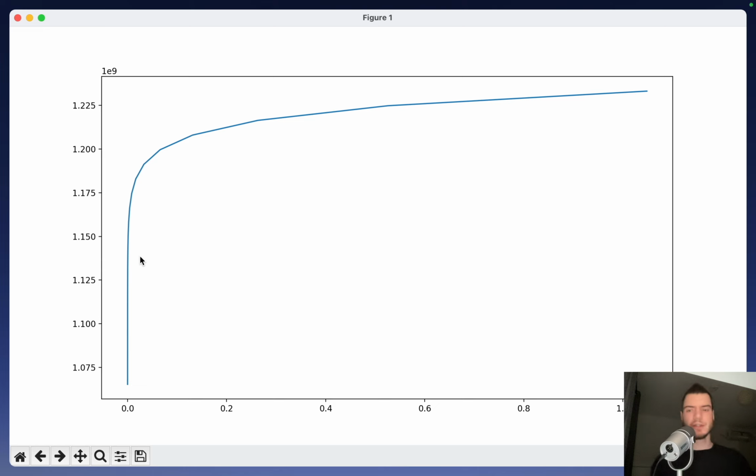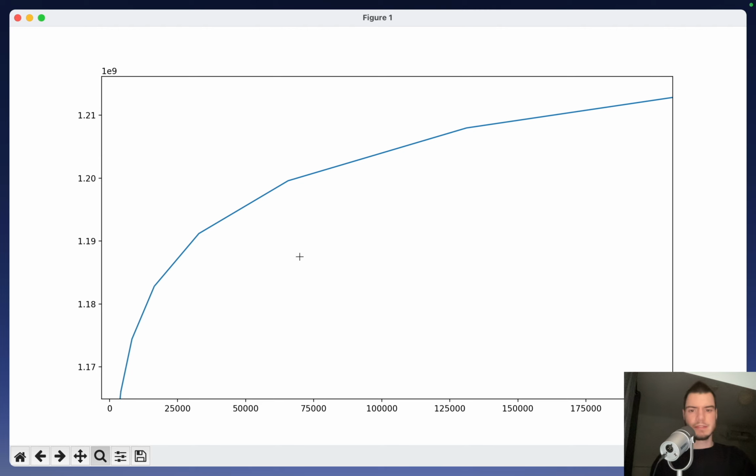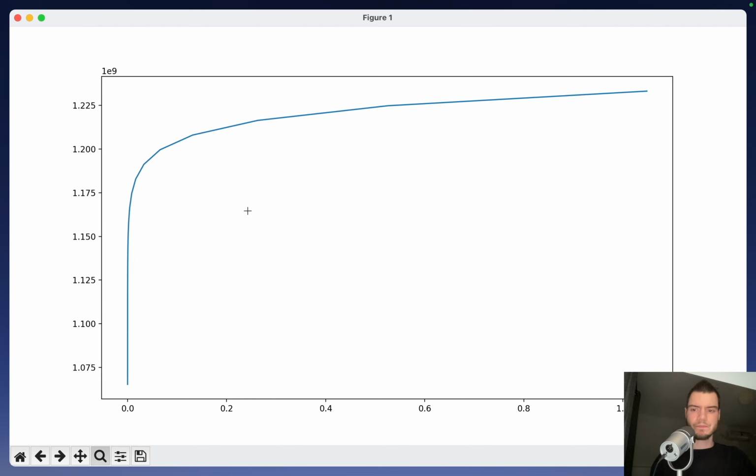Not quite, because it has these flat line segments in between, and it also doesn't cross 0 at the x value 1. But otherwise, the general shape looks quite similar to a logarithm.